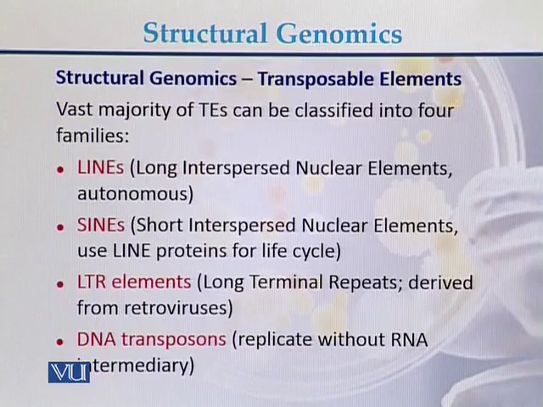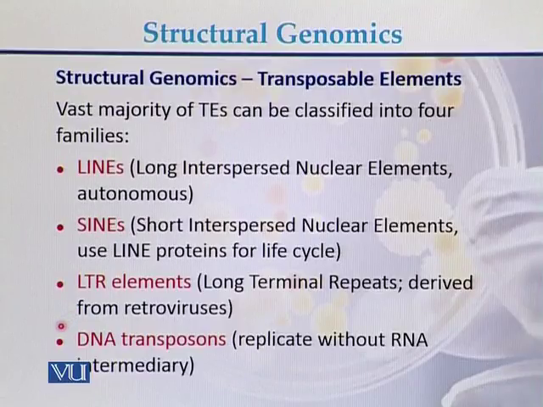In structural genomics, particularly in case of eukaryotic genomes, we see that a major part of the genomes of eukaryotes consists of transposable elements. Transposable elements can be classified into 4 different families. They are called LINEs, long interspersed nuclear elements, SINEs, short interspersed nuclear elements, LTRs, long terminal repeats, as well as DNA transposons.